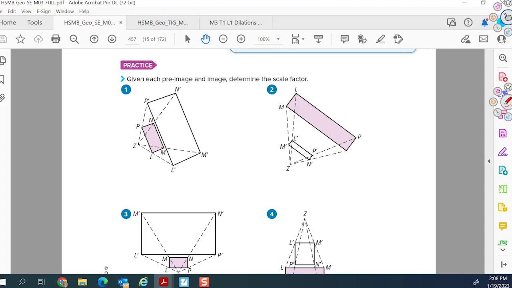Notice that this is the image and the dark one is the pre-image. Or on this one, this is the image because it has the primes. So notice the primes for the image as you do image over pre-image. You have the rest of the period to work on these 10. If you have questions, I will answer them when I get back.